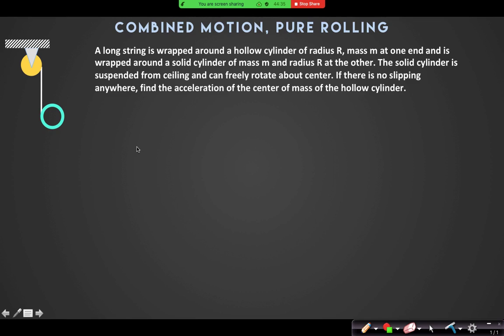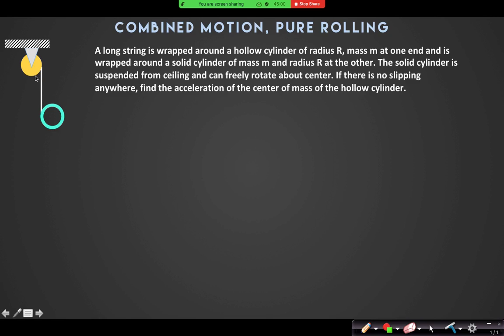Anyone else got the answer of this question? It's a very similar type of question to the previous one. Now there are two disks.